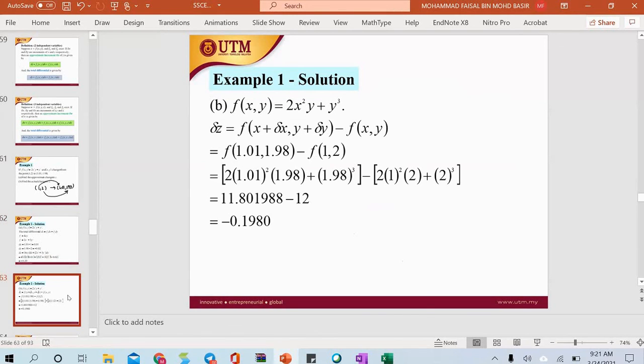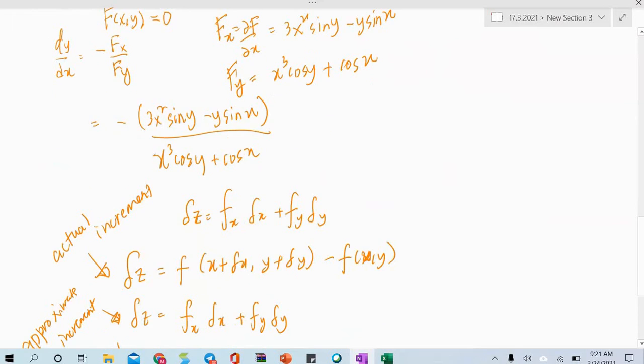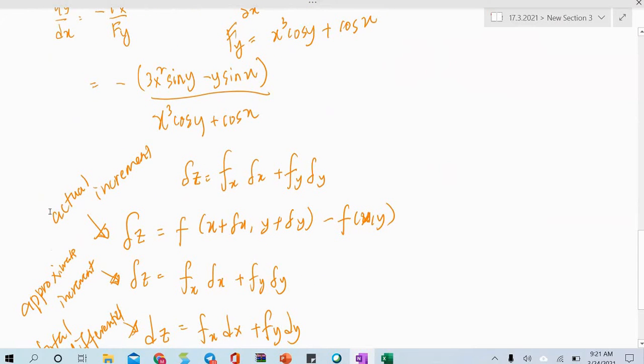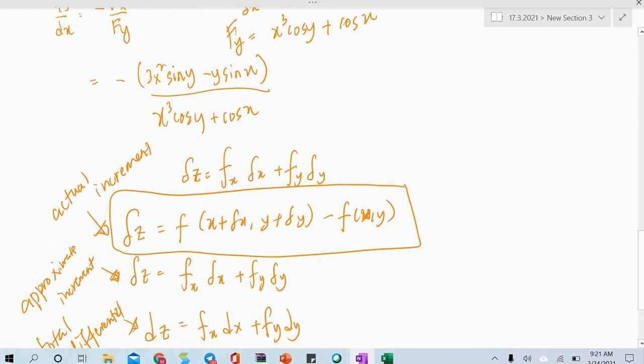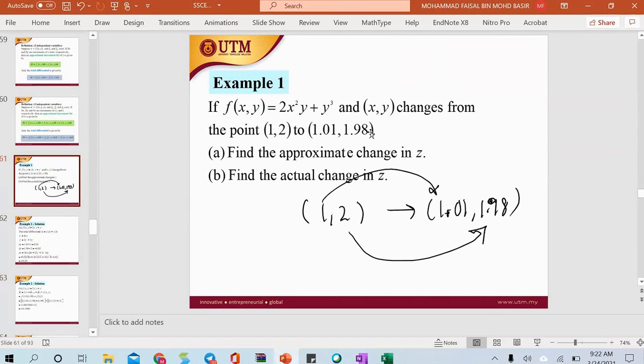How about the actual change? For actual change, you have to use the formula as I told you before: f(x plus del x, y plus del y) minus f(x, y). So 1.01, 1.98 is the changed variable.